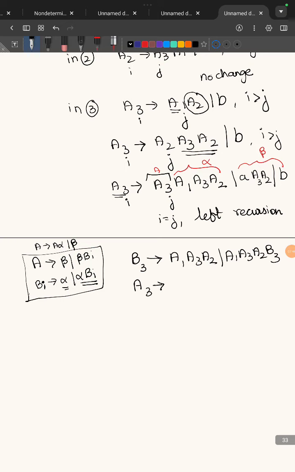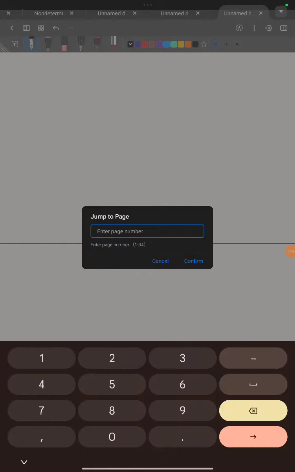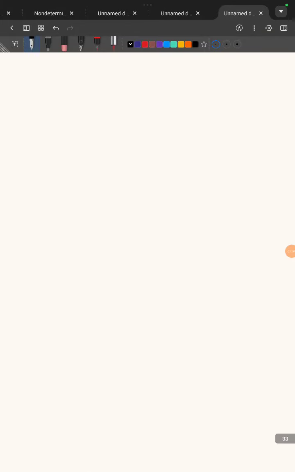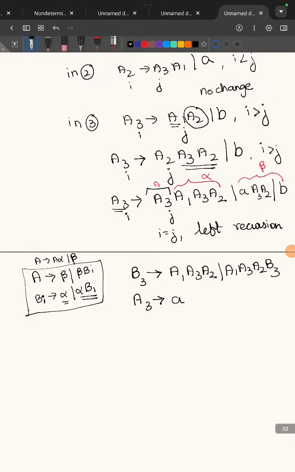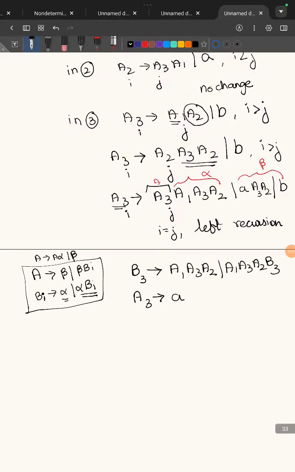A will contain your beta part, that is A3, A2 bar B. The same thing you will write once again followed by the new production variable B3.